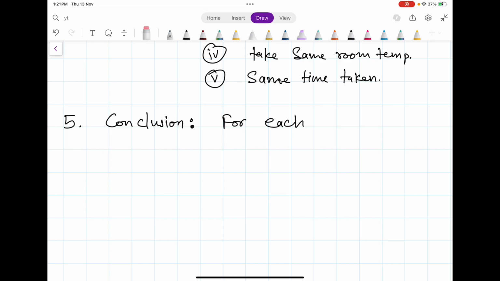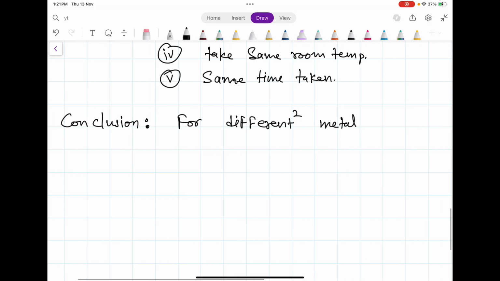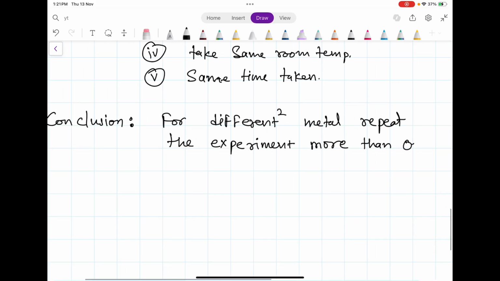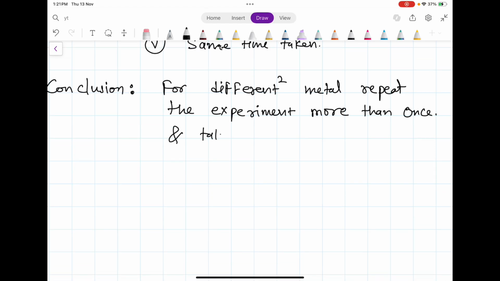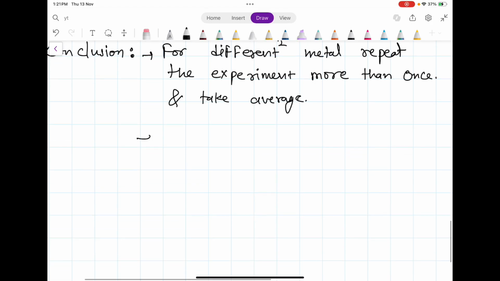Rather than writing for each, we can say for different metals, repeat the experiment more than once and take the average. This first thing we can do.